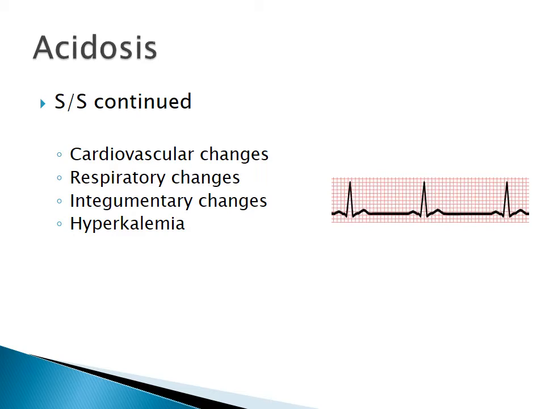Respiratory-wise, it depends on what the focus is. Is the primary cause respiratory, or is it metabolic? Because we'll see two different things with this. With respiratory acidosis, the respiratory changes we will see are rapid, shallow respirations.